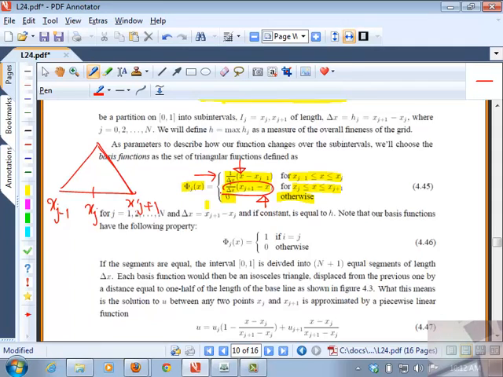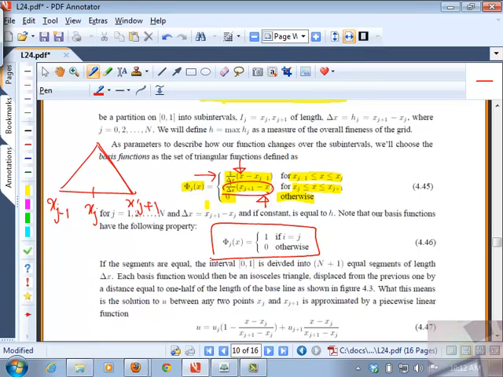When you put x equal to x(j+1), 0. When you put x equal to xj, it's x(j+1) minus xj divided by that delta x. So it's 1, right? So it has all the properties that we needed: 0 at both ends of the element and 1 at the center of that basis function. That's what is indicated here.